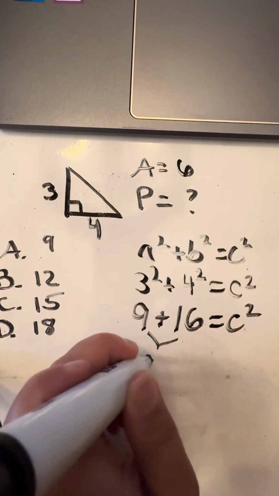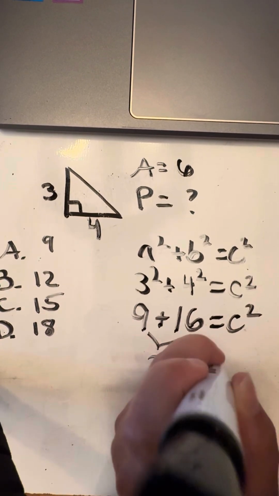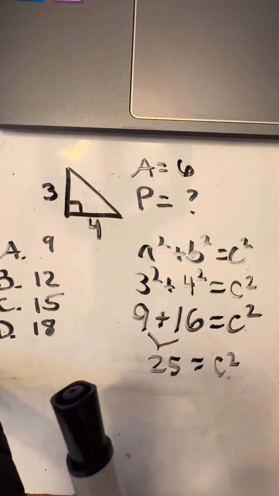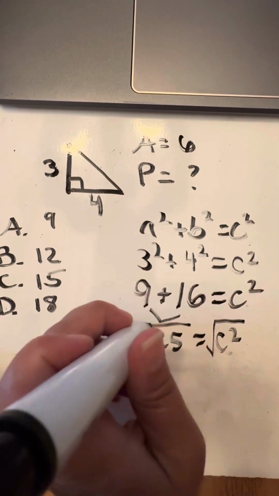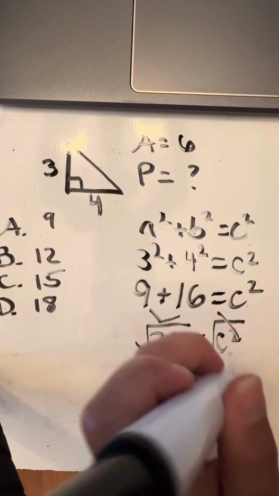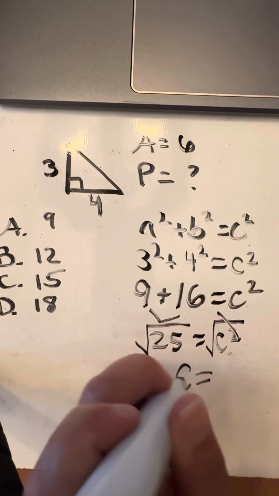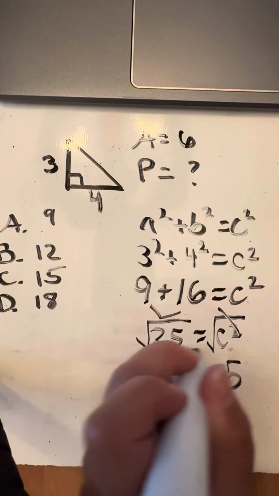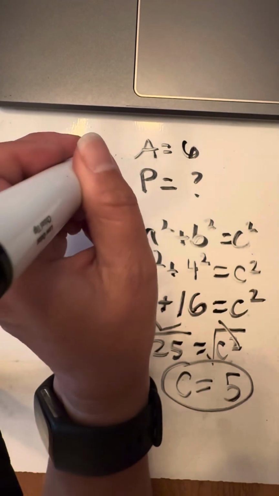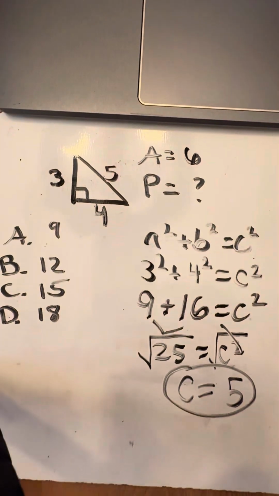Add these 2 together, you get 25, which is equal to c squared. And in order to get c by itself, we need to do the opposite operation of squaring, which is the square root. We square root both sides. The c is now by itself like it needs to be, and the square root of 25, hopefully you know, is 5. So that means that 5 is confirmed, that is the final piece.